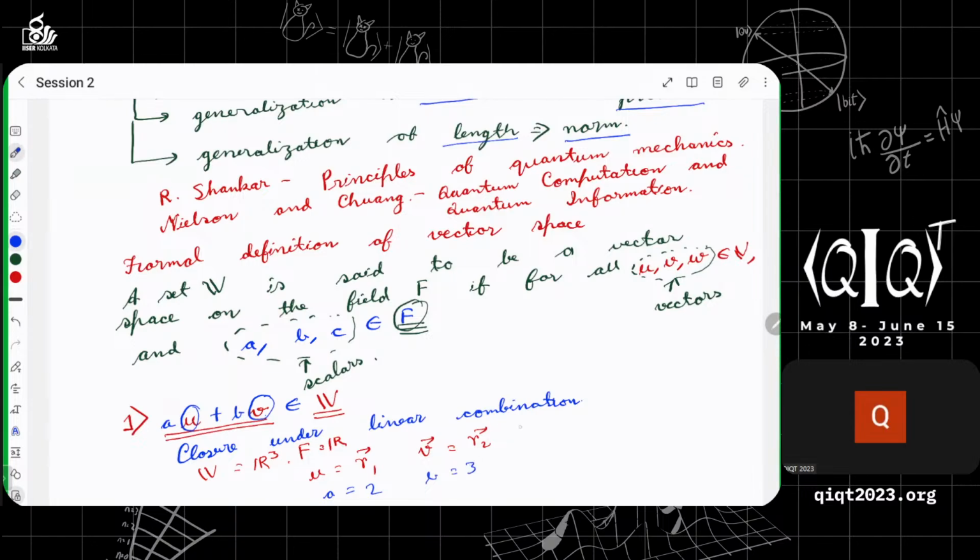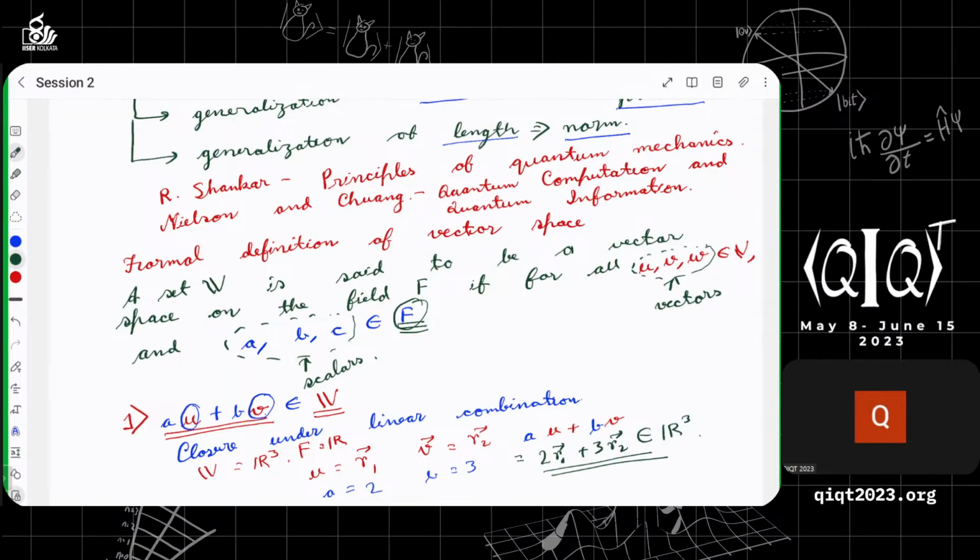If you take aU plus bV, what we get is 2 r1 vector plus 3 r2 vector, which will again be a vector in the real space. So this is one condition that has to be satisfied by any element of the vector space and elements of the corresponding field.